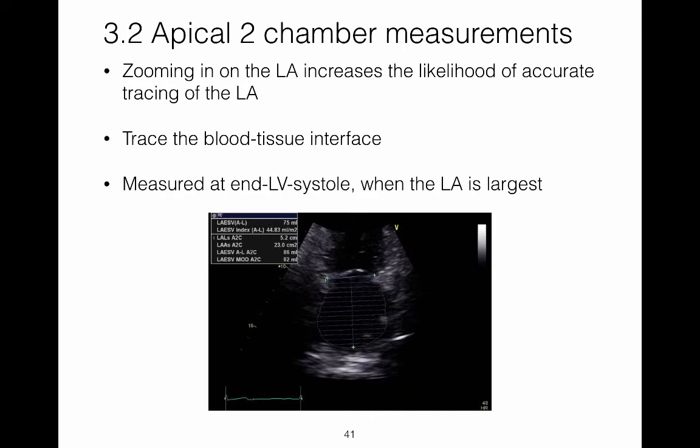Trace the inner edge of the blood tissue interface. Ensure the measurement is made at end left ventricular systole, when the left atrium is largest, and that the patient's height and weight have been recorded to ensure the volume is indexed to body surface area.